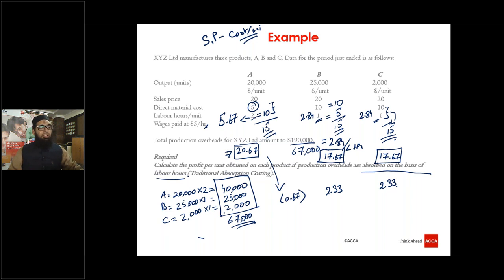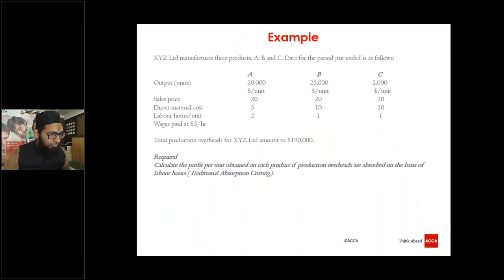Similarly, I have calculated the overhead for B and C. And when I included the overhead in the material and labor cost, the answer is 20.67 for A, 17.67 for B and C. And when I subtract this total cost per unit from the selling price, I have the answer of loss of 0.67 in A and 2.33 profit on the other two products. Is this okay? Okay, then let's move on.